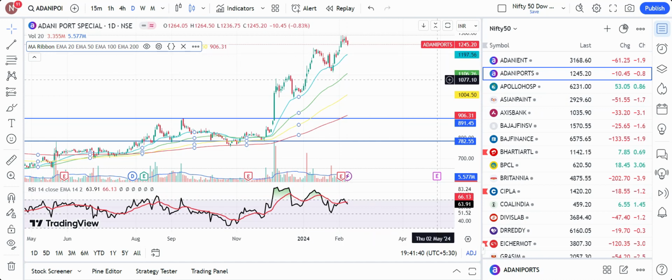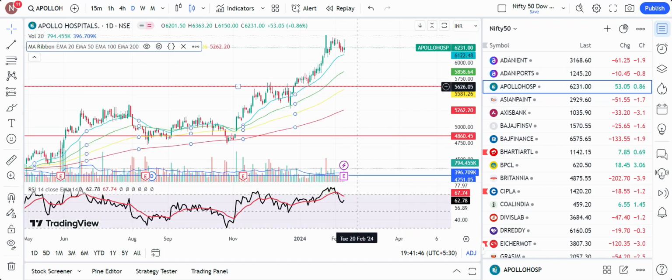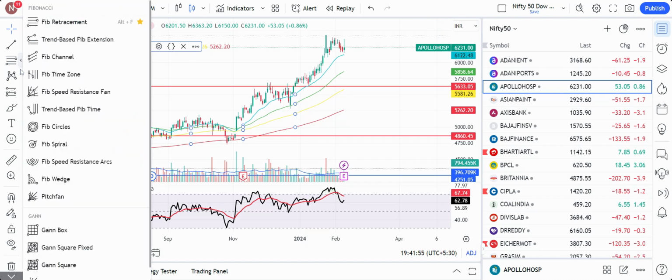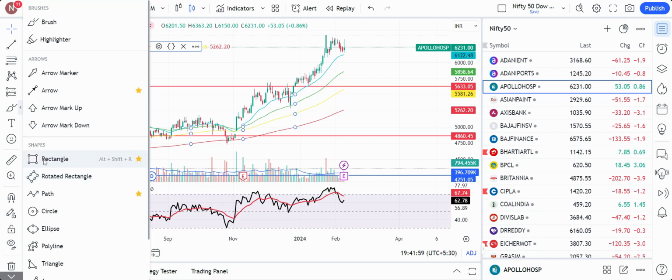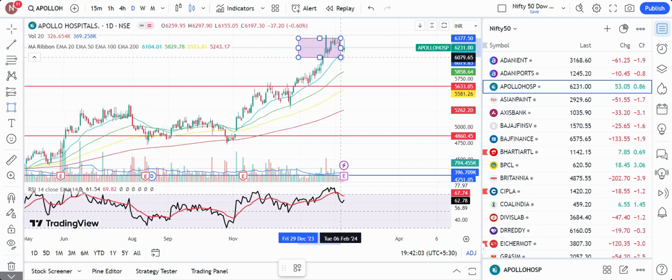Let's go to the next stock. This is Apollo Hospitals. You have consolidation in this area. Yes, we are seeing a consolidation in this area.